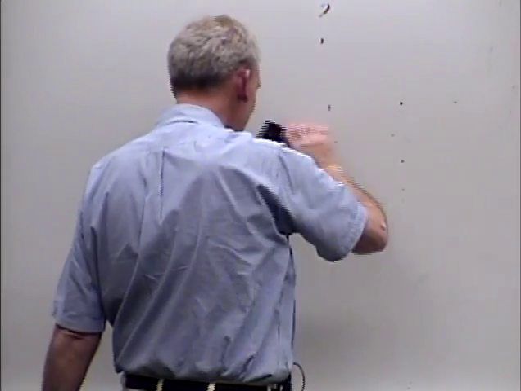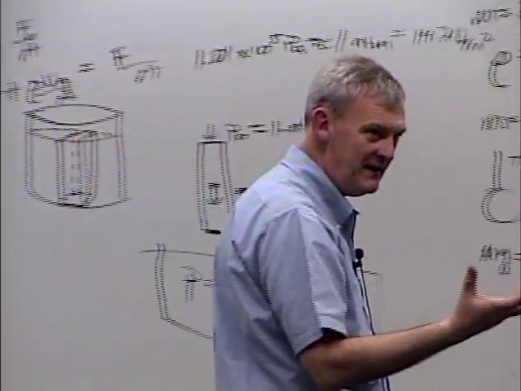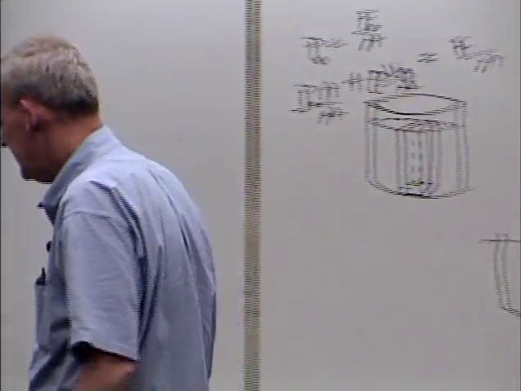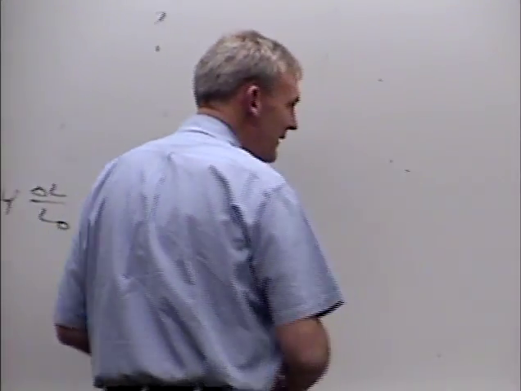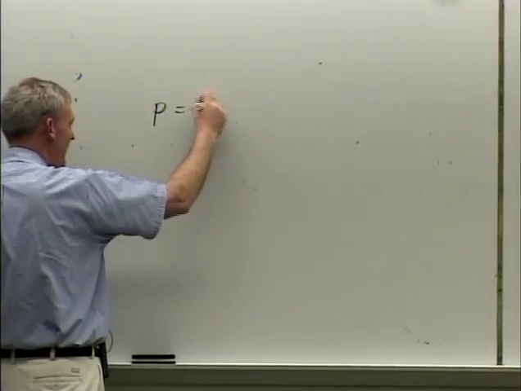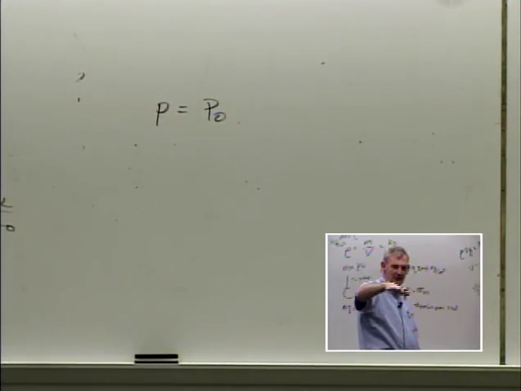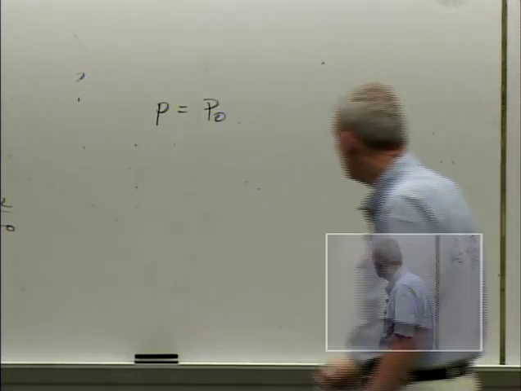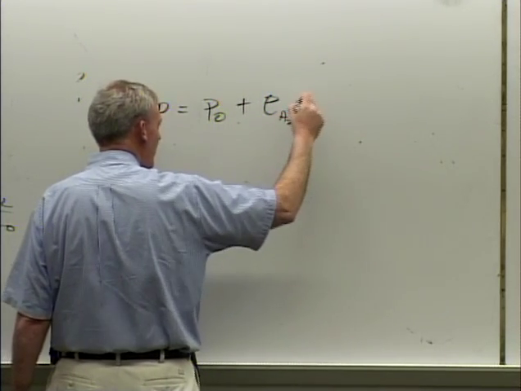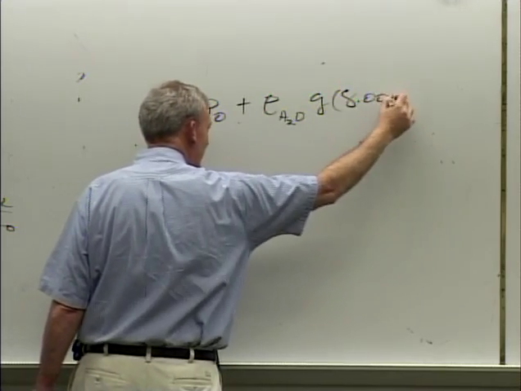First of all, he feels the mg of that water on his back, and the pressure is that force, mg, divided by the A. The pressure he would feel would be the initial pressure at the top of the water, which is the good old air pressure on top of the water, plus rho of H2O times g times the 8 meters.